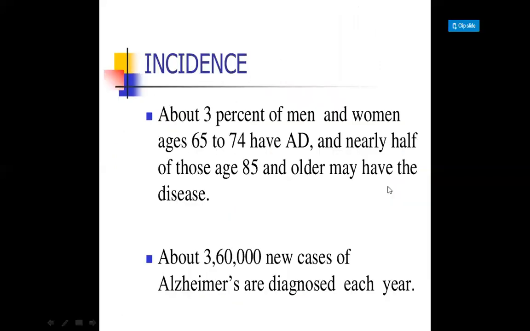Then what is the incidence rate of Alzheimer's disease? About 3% of men and women aged 65 to 74 have Alzheimer's disease, and nearly half of those aged 85 and older may have the disease.